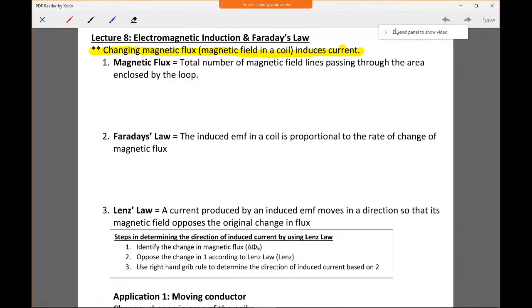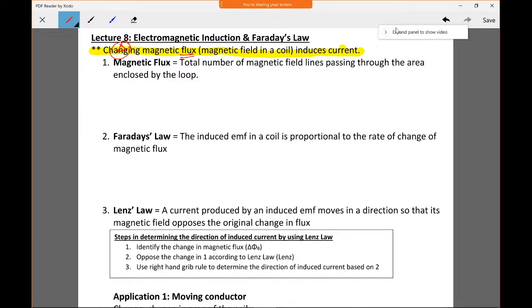So look at the keywords here. Changing magnetic flux induces current. It's not magnetic flux induces current, it's not maximum magnetic flux induces current, but the word here is the change. Okay, the triangle. So it must be a changing magnetic flux induces current.